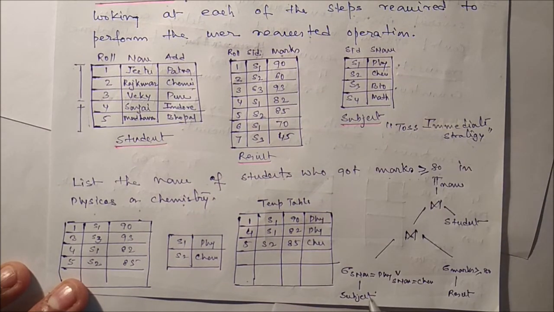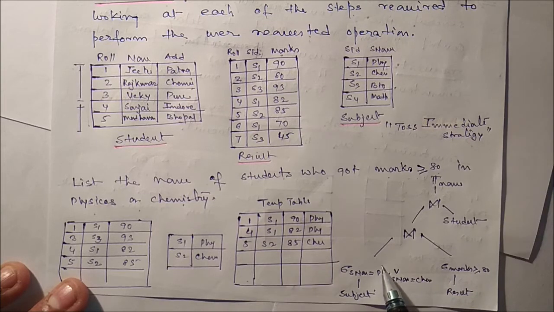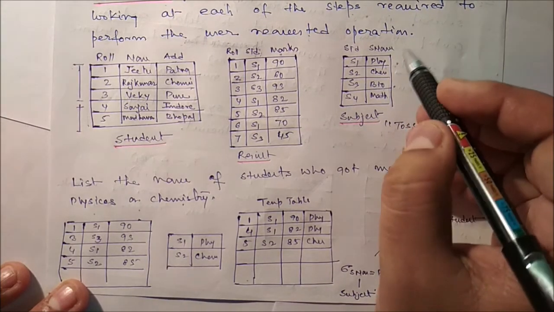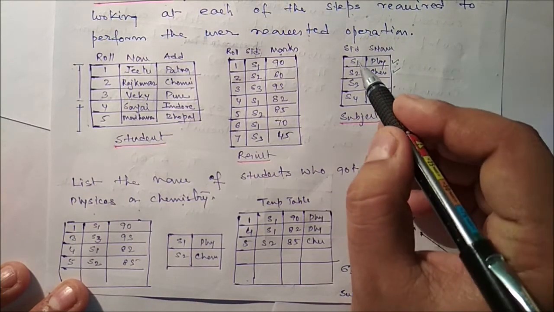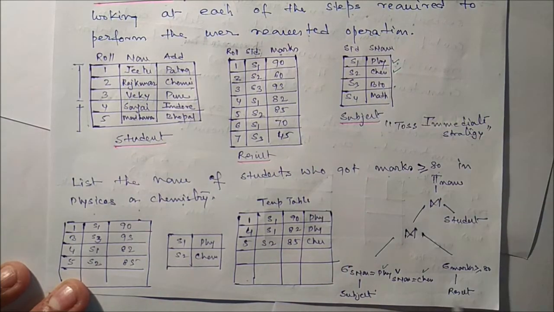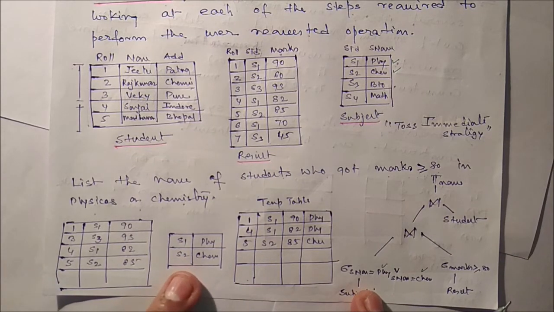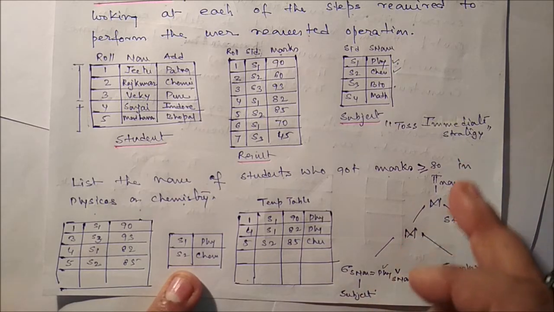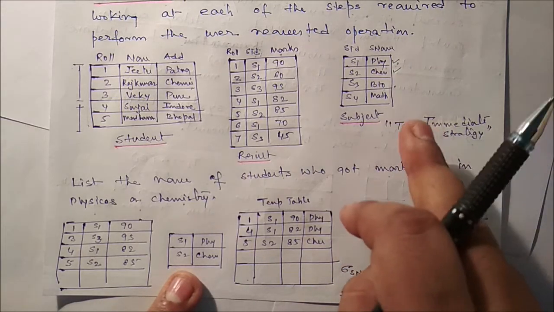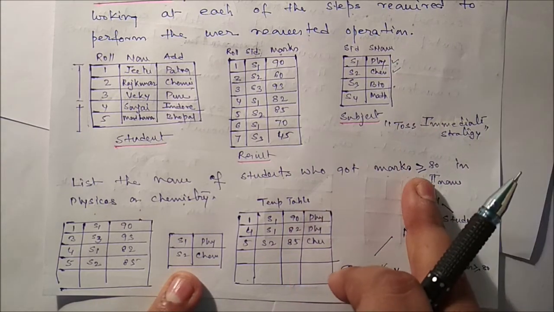From the subject table we need the information of physics as well as chemistry, that means we need S1 and S2. And from that operation we have this particular table, and from this table, marks greater than 80.